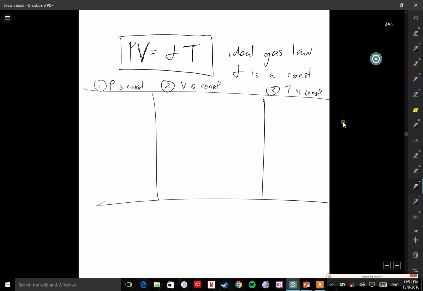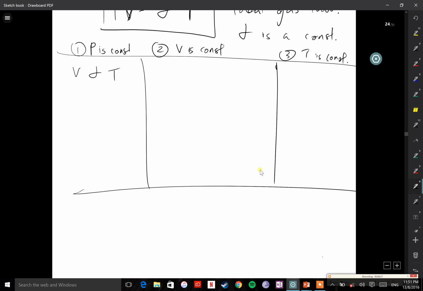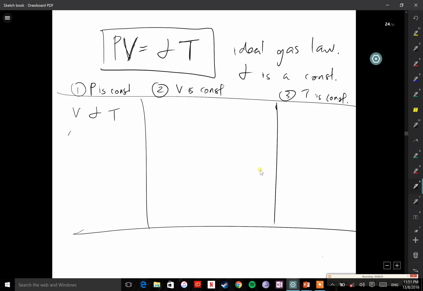When P is constant, V is directly proportionate to T, and therefore we have something like this, a linear graph. When V is constant, P is directly proportionate to T, and we have a linear graph as well.